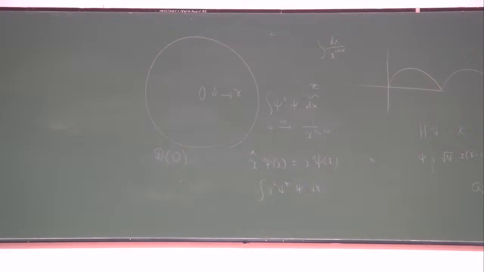Such operators cannot act on all vectors in the Hilbert space, because it will go outside. It will have a subset of vectors on which you can act, and that subset is called the domain of the operator. That is a very important point.